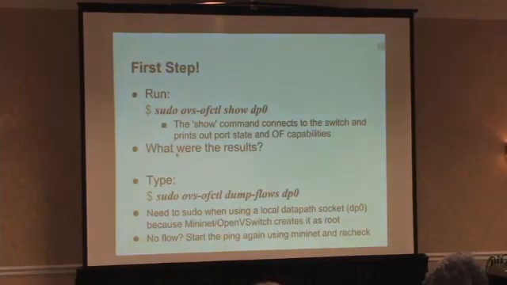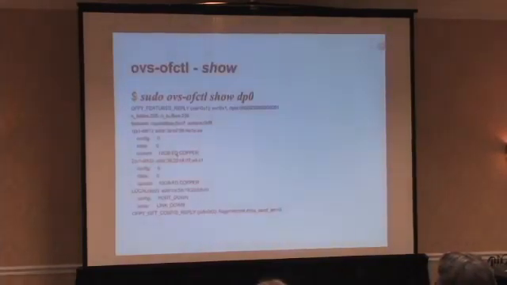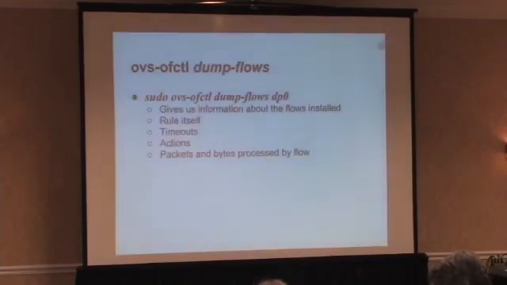When you run dump-flows, it tells you about the flows installed in the switch, the rule itself, in other words, what the match is, the timeouts. Remember, you can have idle or hard timeouts. The actions: if it matches this rule, what does the switch do with the packet? And then it also shows you packets and bytes processed by that rule. So you can look at counters and you can tell if packets are matching a certain flow rule because you'll see its counters increment.